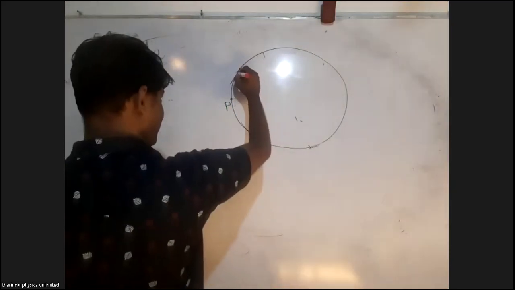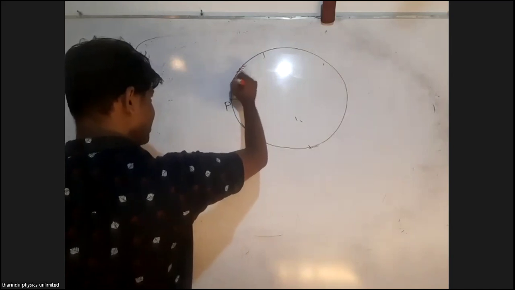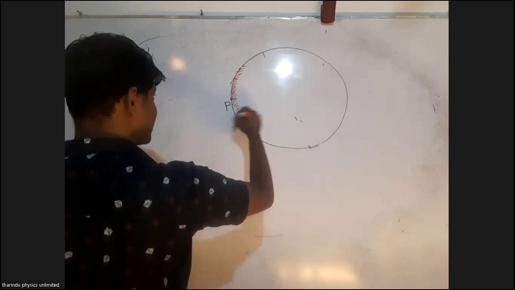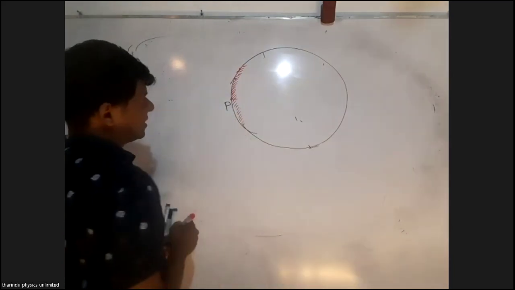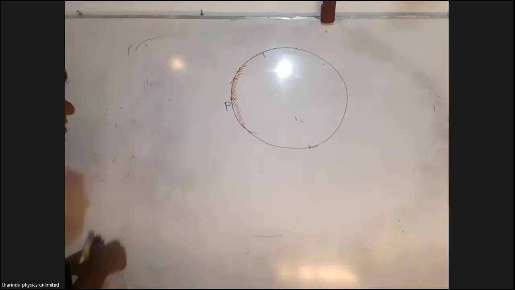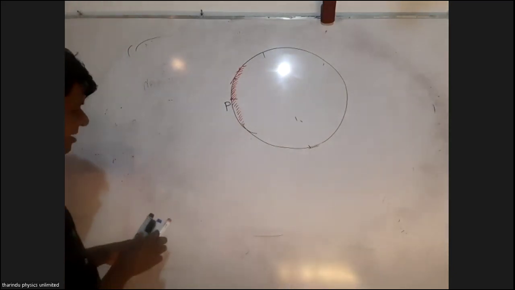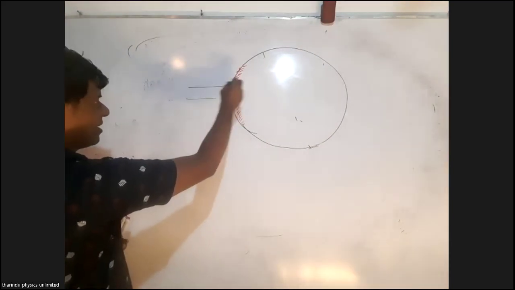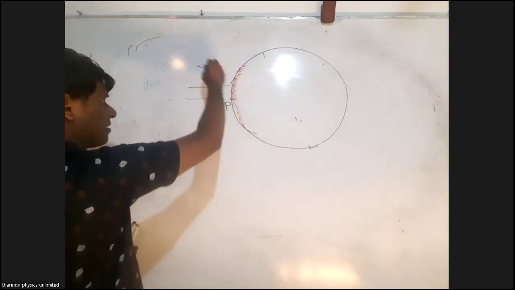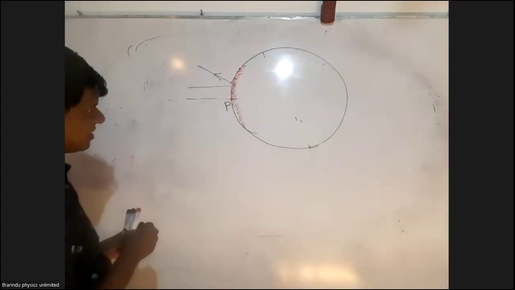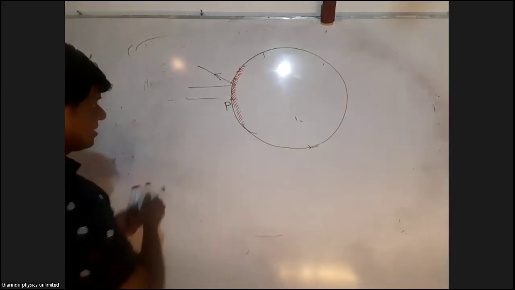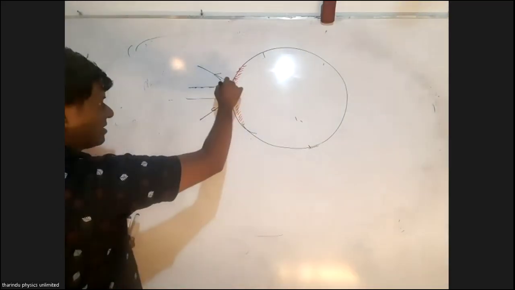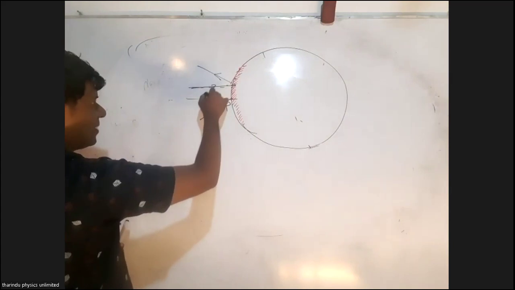If you draw the shining face and keep the shining face outwards, this is a convex mirror. In this manner, the rays will be reflected away from it. You may understand this with the theory I explained a few minutes ago.